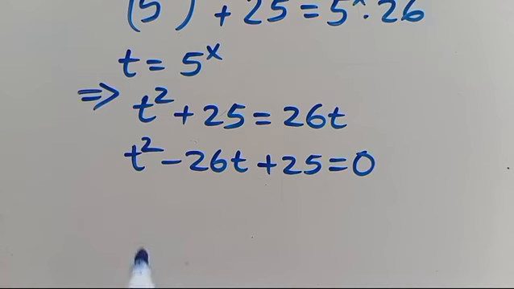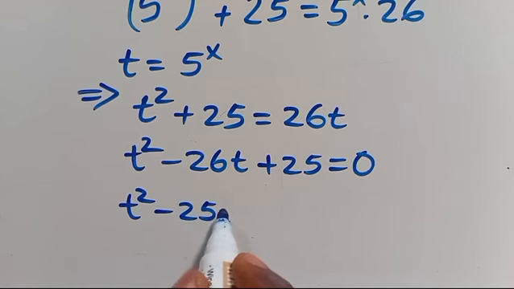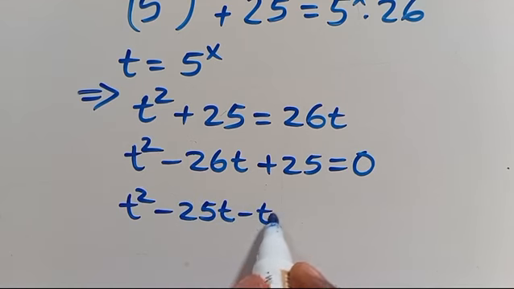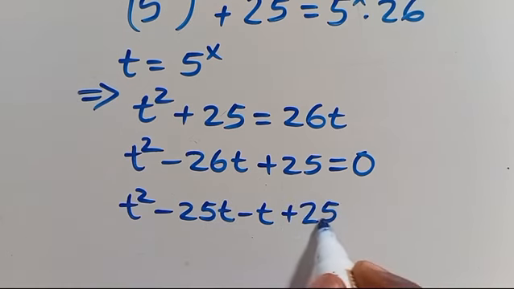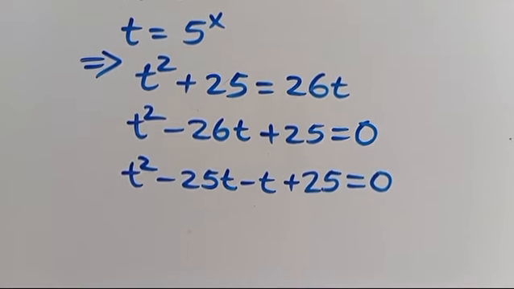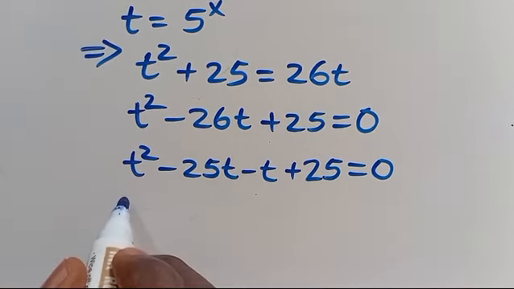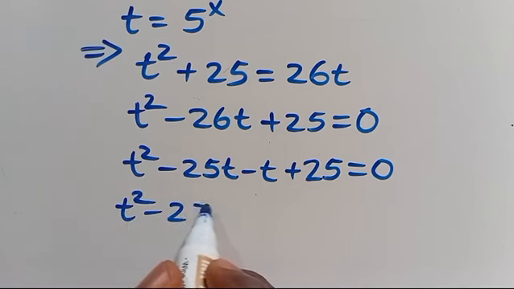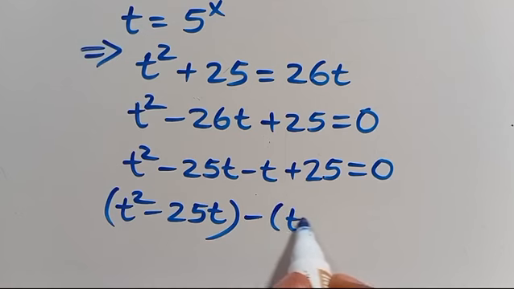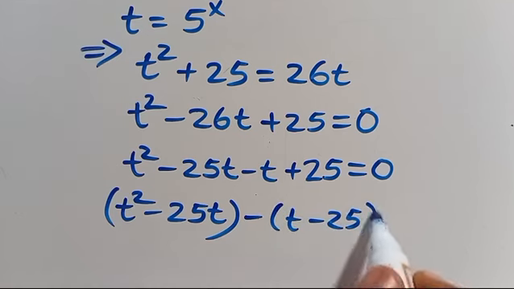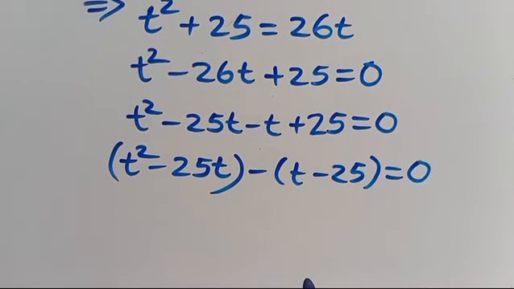Then we can write t squared minus 25t minus t, which gives us minus 26t, plus 25 equals 0. Let's group t squared minus 25t, then minus t minus 25 equals 0.